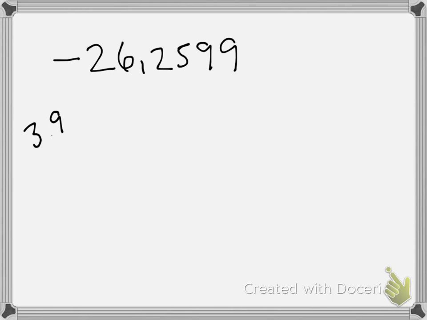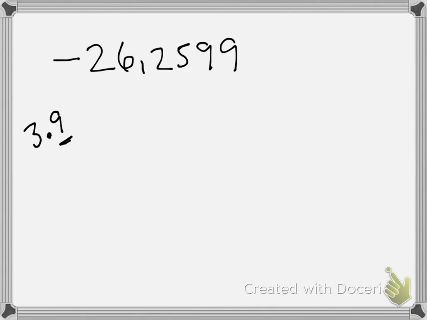So for number 10, your raw answer is negative 26.2599. And if you look at the numbers going into it, 3.9 is your limiting number. But this is addition and subtraction, so the rule is not the smallest number of sig figs. The rule is the least digits behind the decimal.